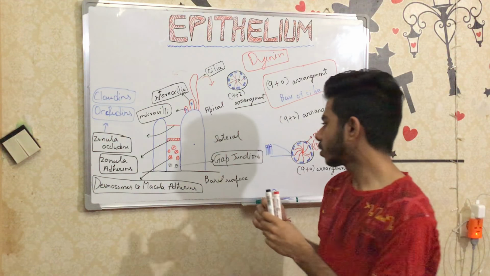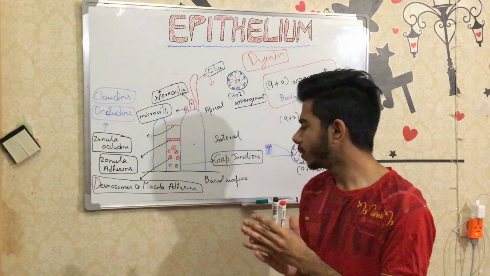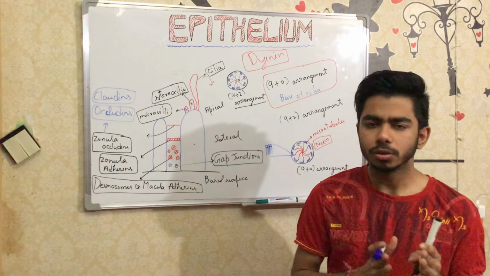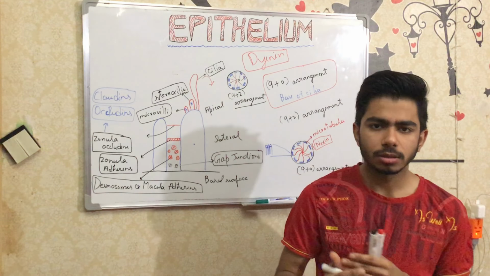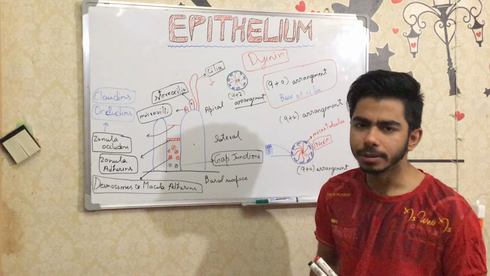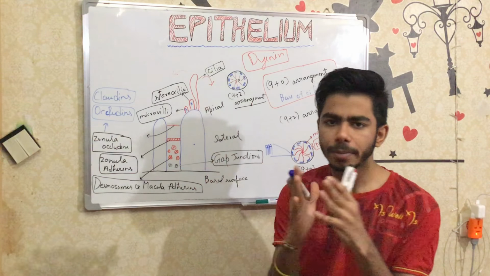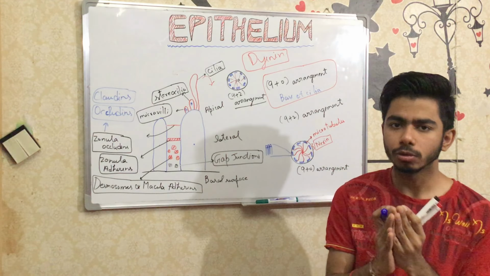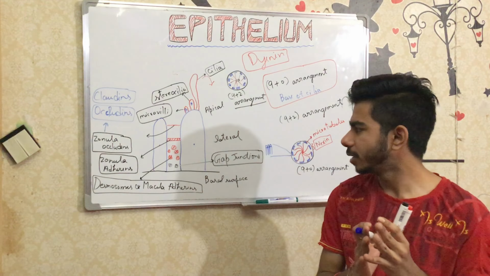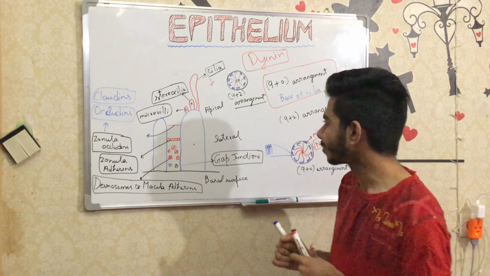So these connection proteins help these epithelial cells interact with each other with the help of sodium ions or calcium ions, some cAMP. This was about the lateral surface, how they bind to each other and how they make sure that any kind of substance does not penetrate between the cells, at least paracellularly.